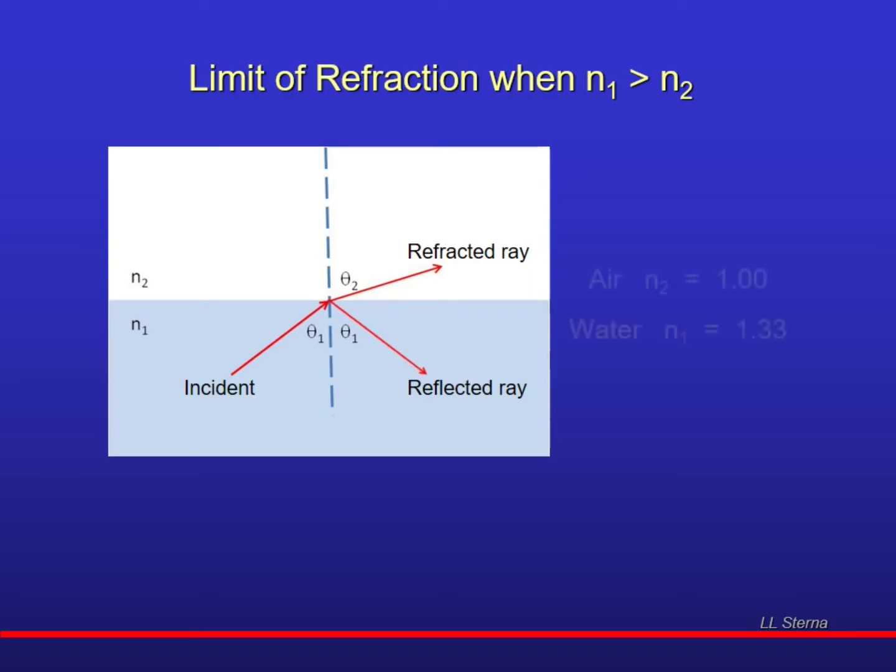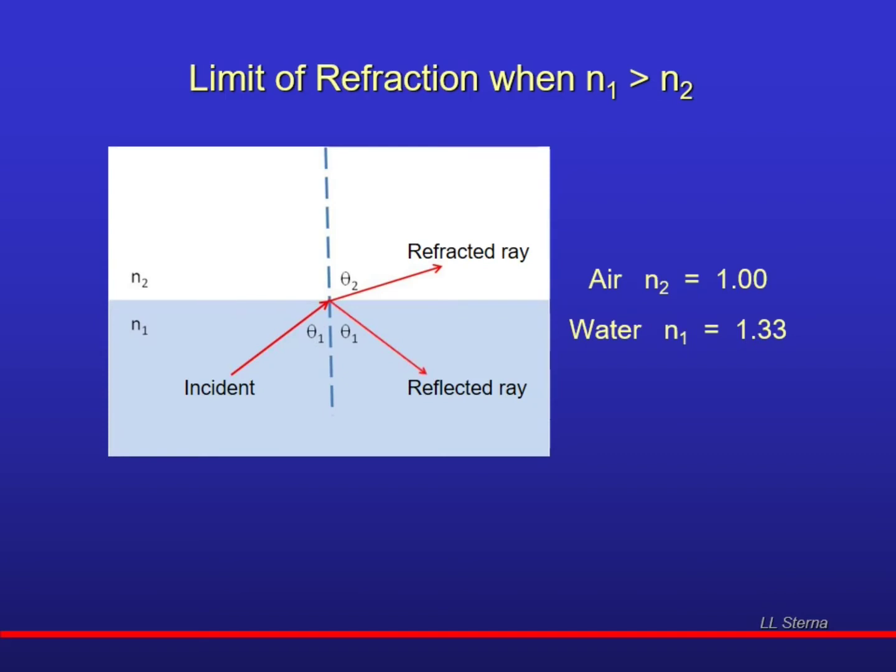Let's consider that the top medium could be air, n2 equals 1. Lower medium, the blue, could be water, n1 equals 1.33. So the ray of light goes from water to air. It bends away from the normal, and another ray is reflected.